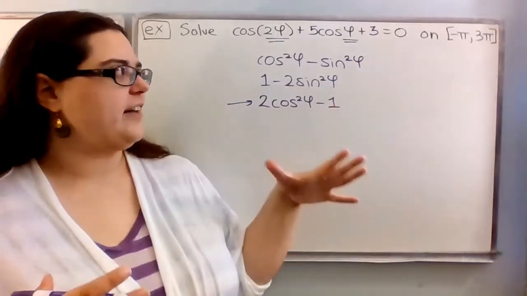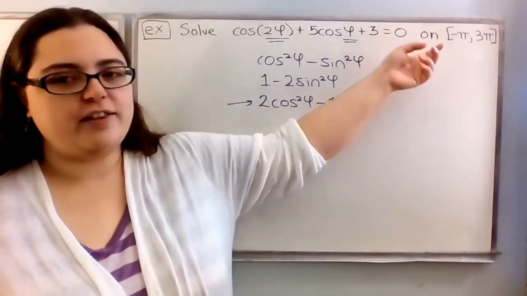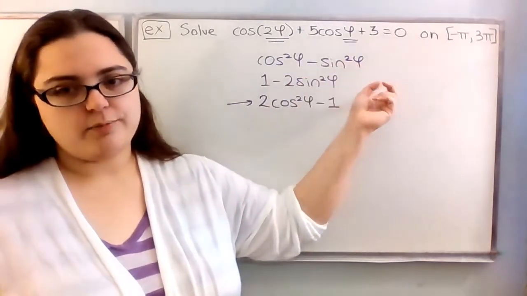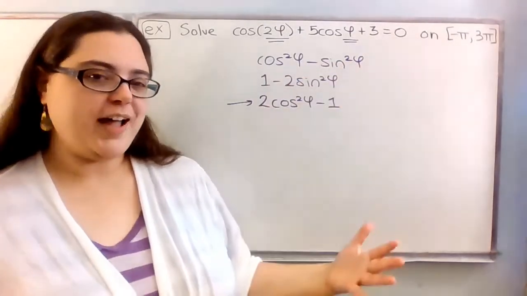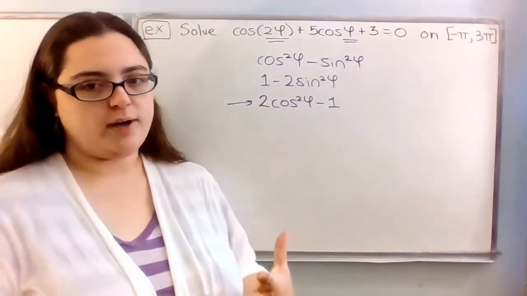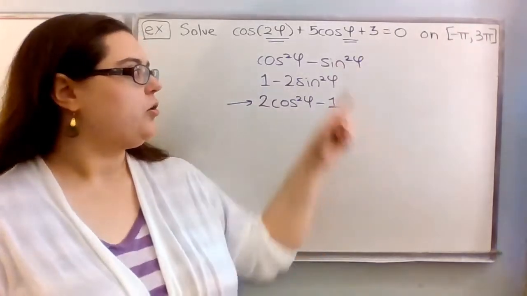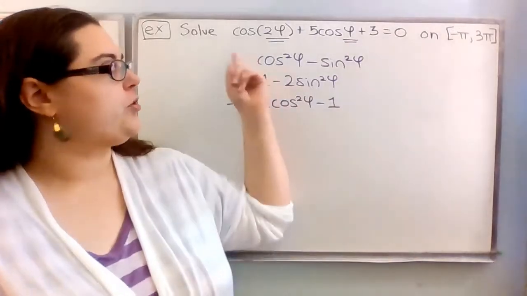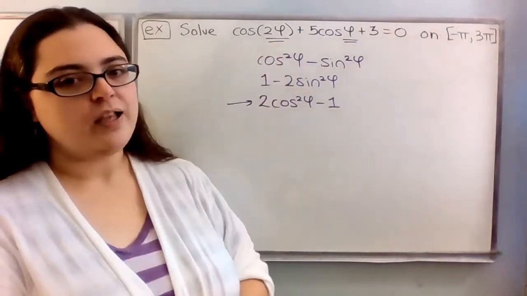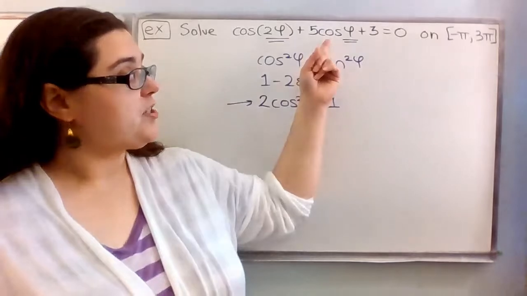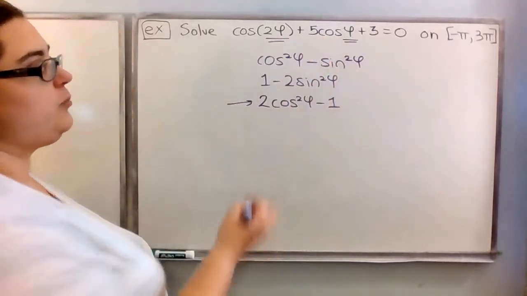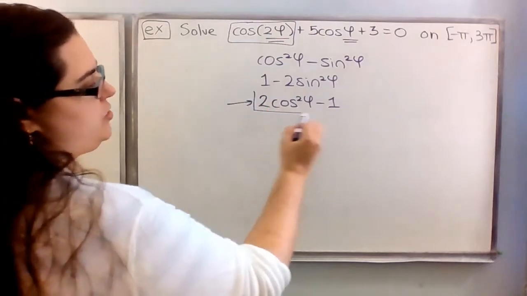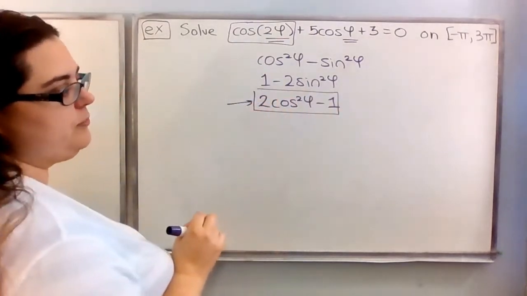And if I had plus sine squared phi off on the end here, I might use this one, because that would eliminate the sine squared component. So you want to look at the other components of your equation to help you decide which of these double angle formulas to use if you have cosine of 2 phi. Because we just have cosine, we're going to use this one, and I'm going to rewrite cosine of 2 phi as 2 cos squared phi minus 1.